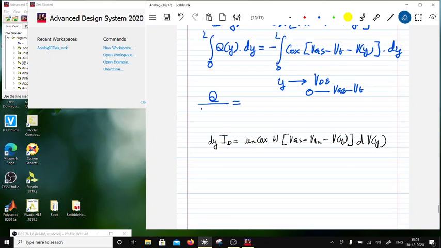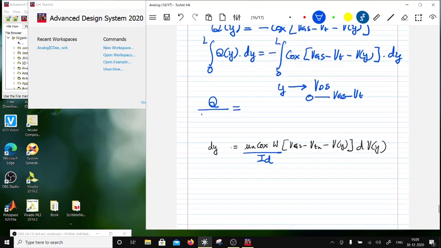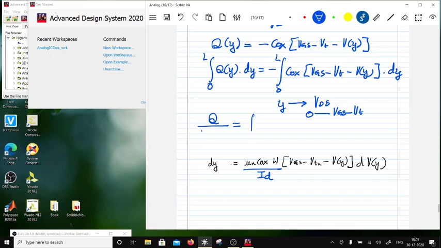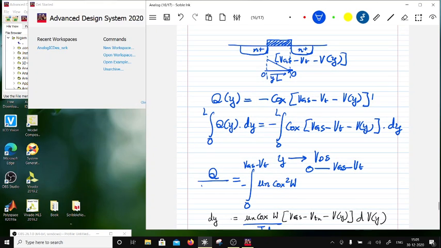So I can replace dy with something divided by ID. If I substitute this, I would have an integration from 0 to VGS minus VT, and then I would have mu n COX squared W. I forgot a W here, sorry, so there will be a W here.